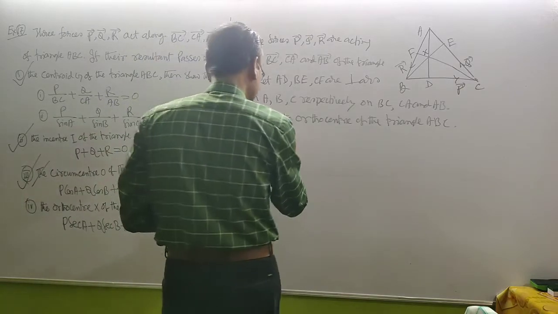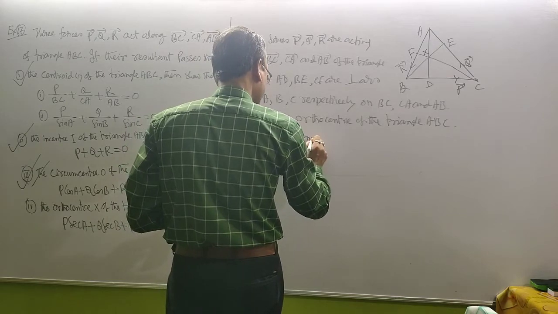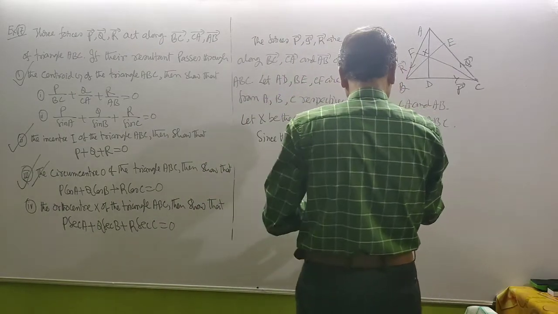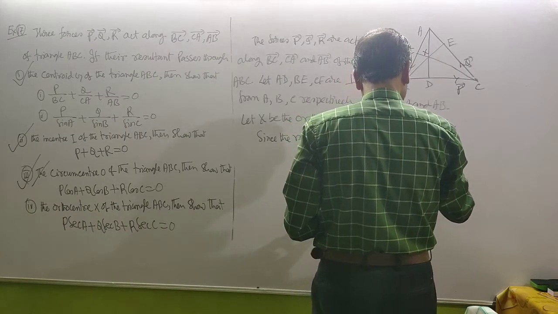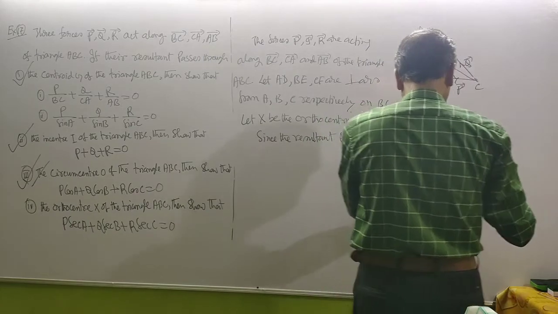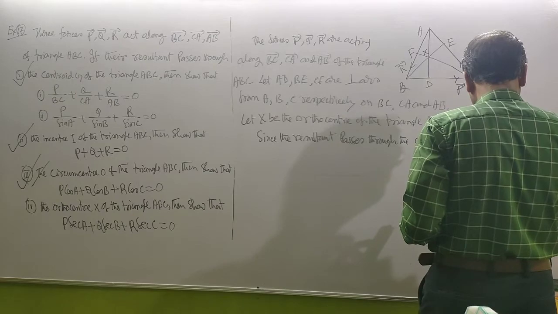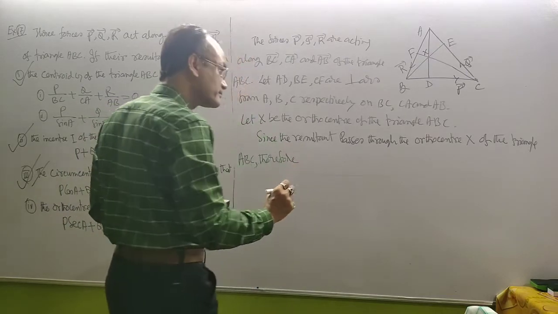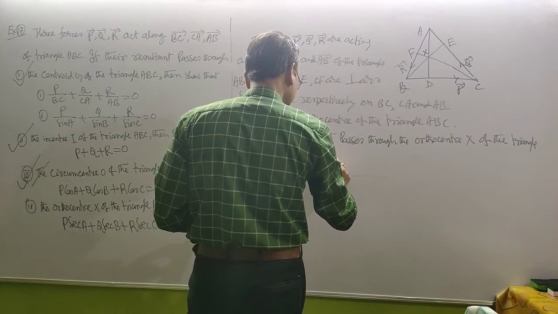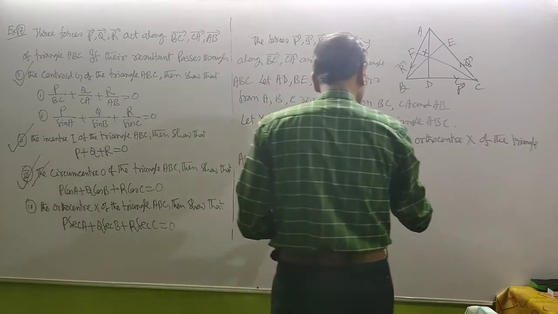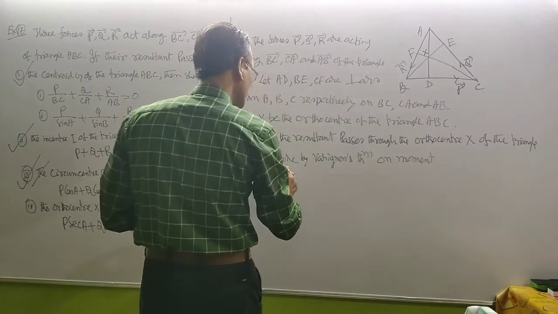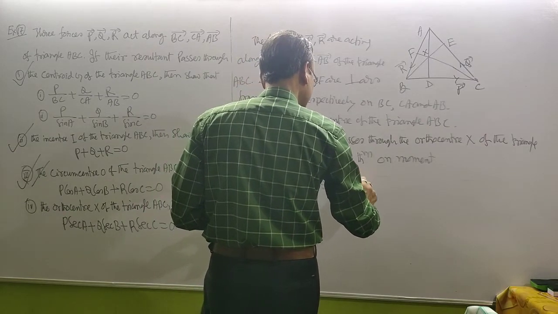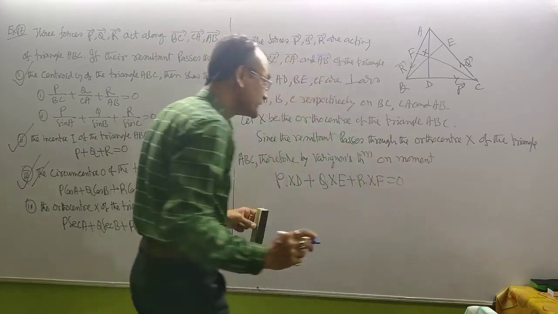Since the resultant passes through the orthocenter X of the triangle ABC, therefore, by Varignon's theorem on moments, P into XD plus Q into XE plus R into XF should be equal to 0.